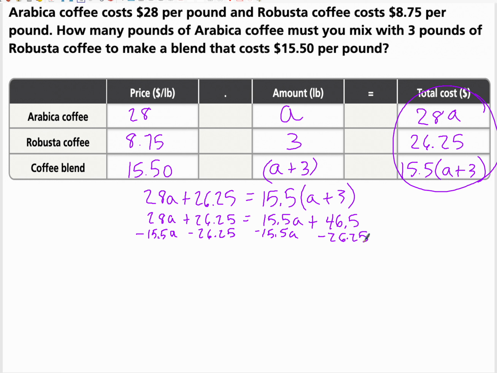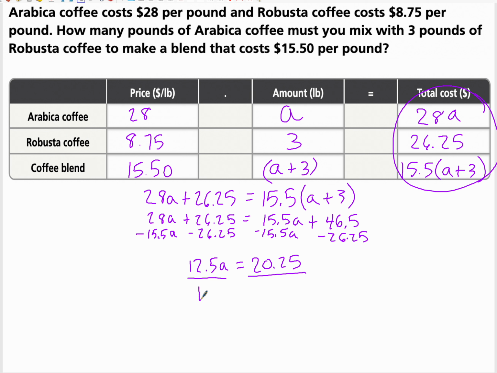And that comes out, 28 minus 15.5 is 12.5A. And 46.5 minus 26.25 is 20.25.